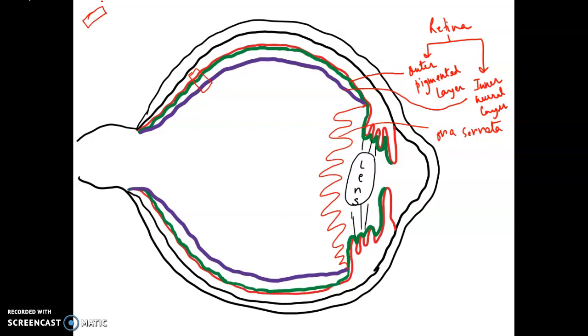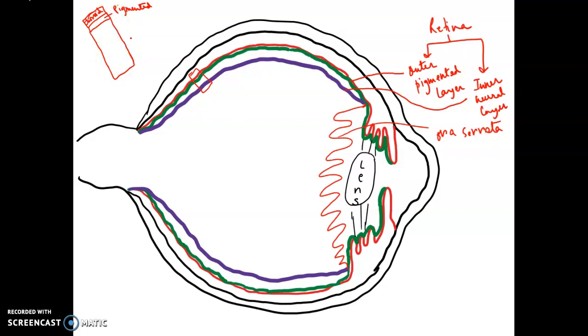And we are moving from superficial to deep. So here, this is the choroid layer. Then you see the pigmented layer. It should be green, but again, I cannot change color. So this is the pigmented layer of the retina.